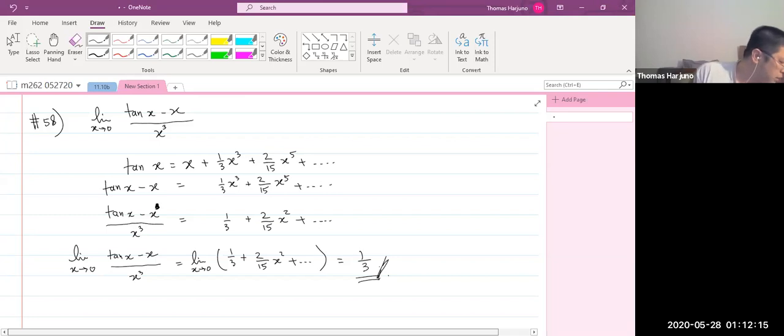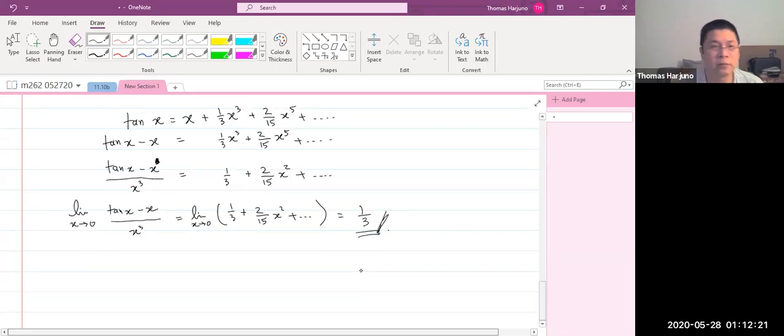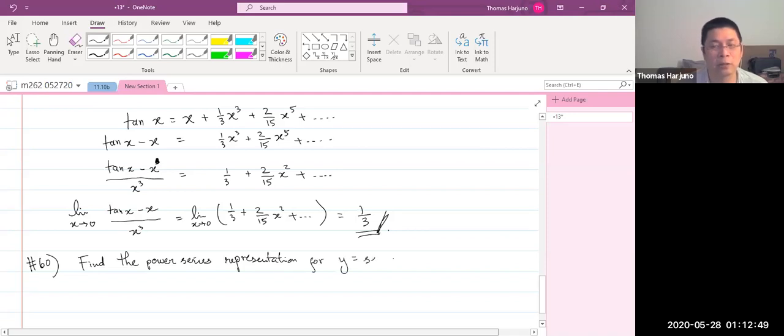I did number 62, but how about number 60? Oh, yeah. Number 60, find the power series representation for y equals secant x. That is 1 over cosine x.